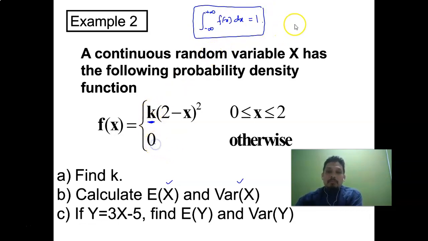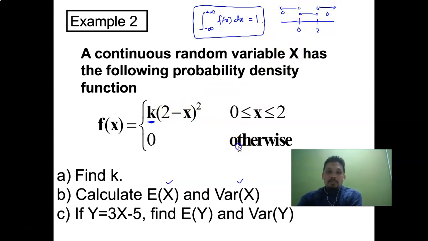From 0 until 2, there is a function here which is k times (2 minus x) squared. The rest, otherwise, is 0.